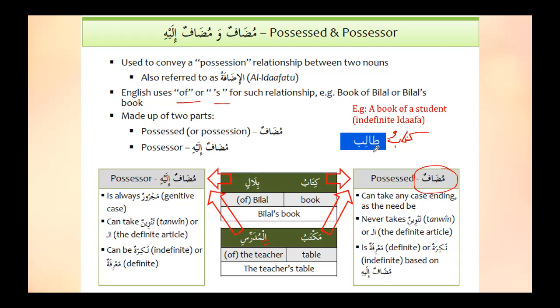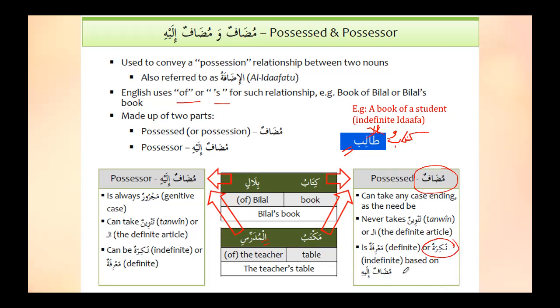Kitabu. And then what do you do here? Talibin. If it's indefinite, you don't put an al, because now it is a student. So this time the idafa is indefinite, because you're talking about a book of a student. Kitabu talibin.